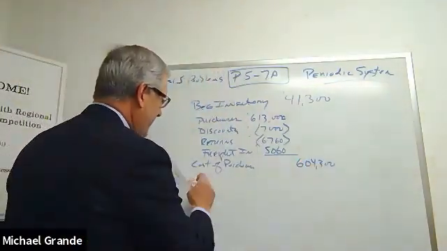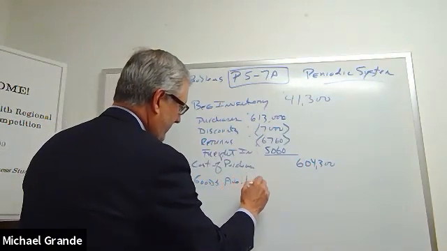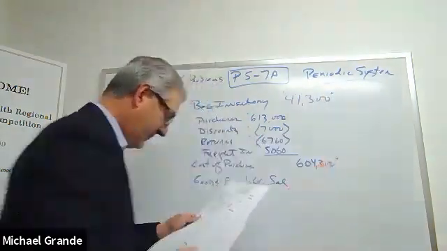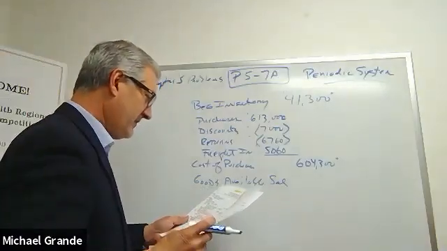Goods available for sale. $41.3 plus 6,043, 645.6.